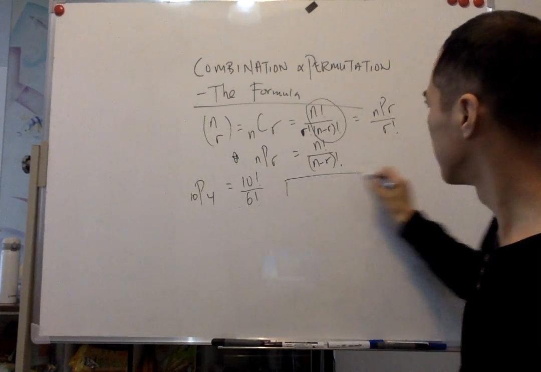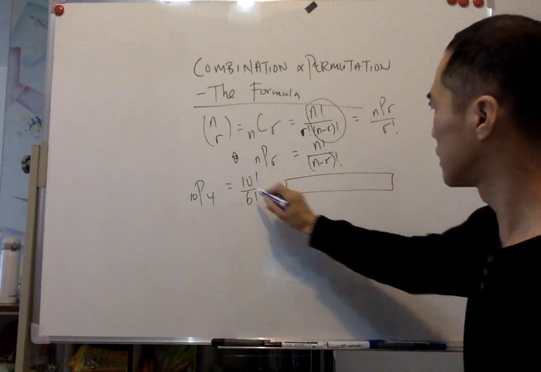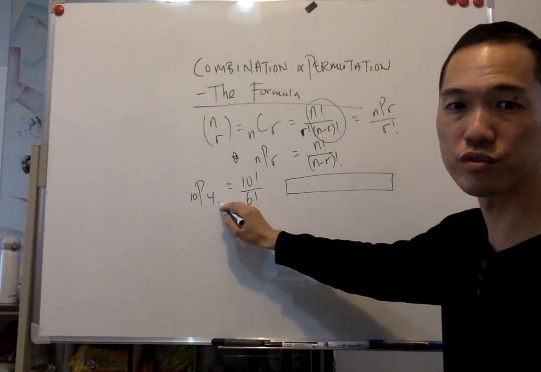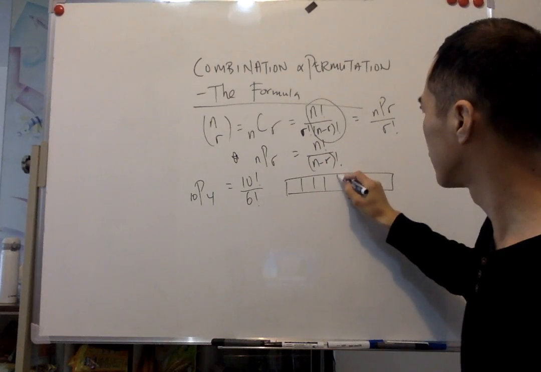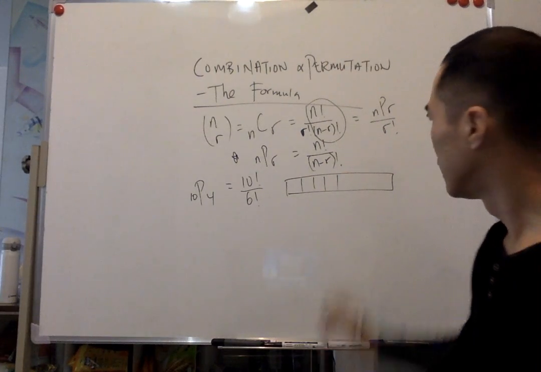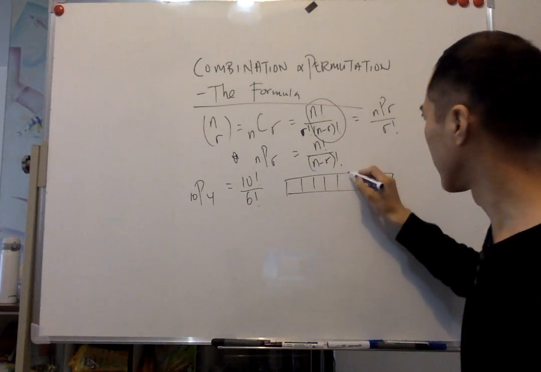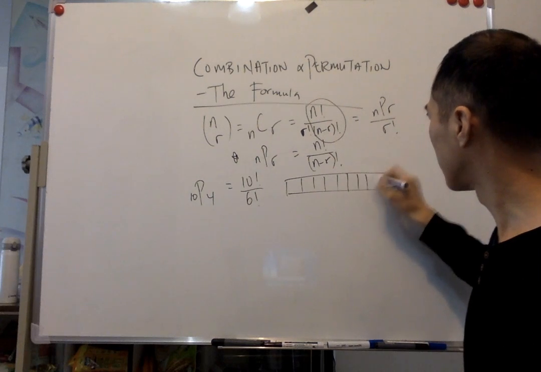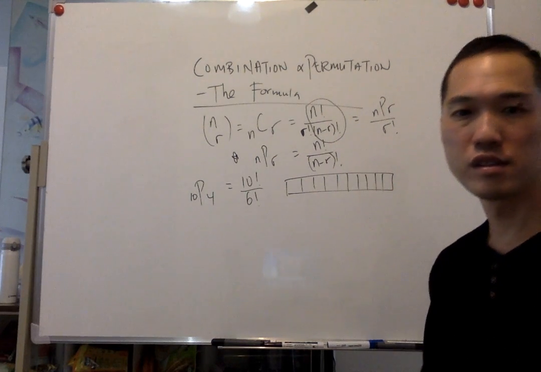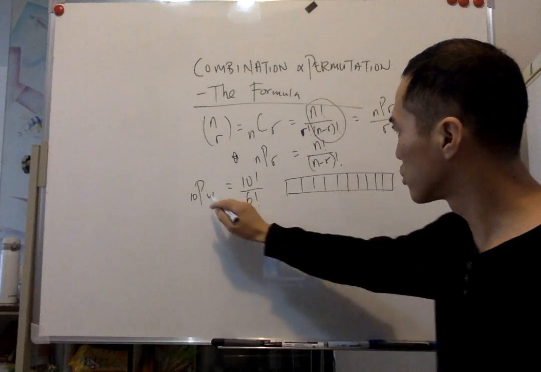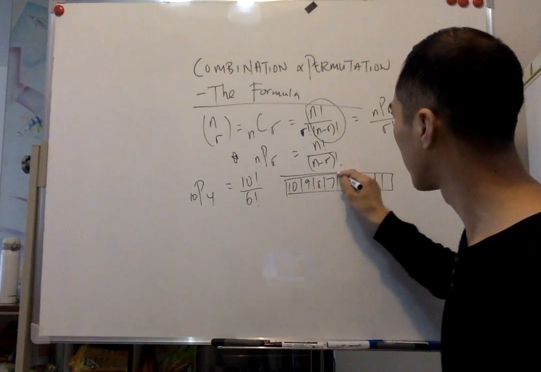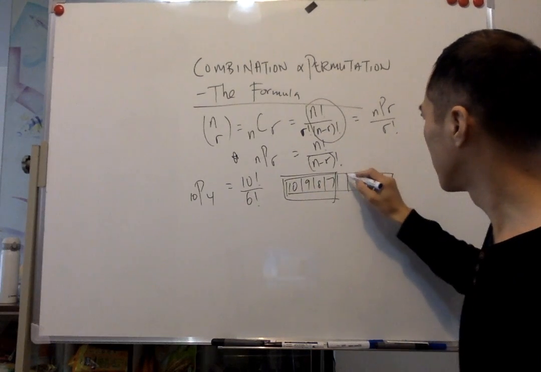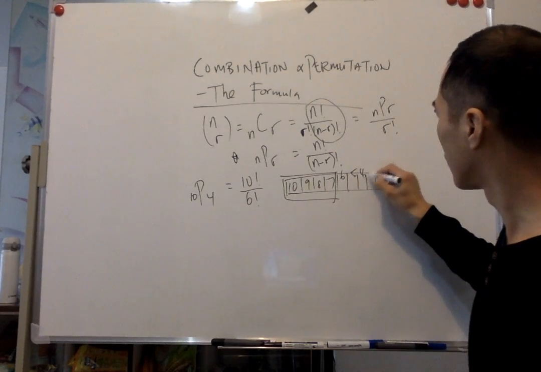So if I draw this box, I need 10, because out of 10, I choose 4. I have 1, 2, 3, 4 up to here. I choose 4 of them, but for the rest, I draw the whole thing: 5, 6, 7, 8, 9, 10. I only need to choose the first 4: 10, 9, 8, 7. This is what I need. And from here onward, 6, 5, 4, 3, 2, 1.